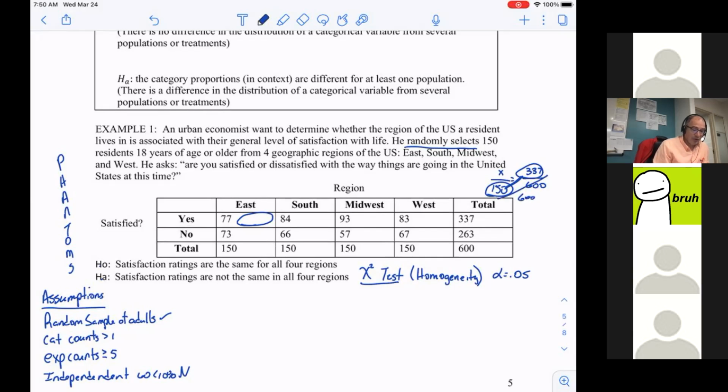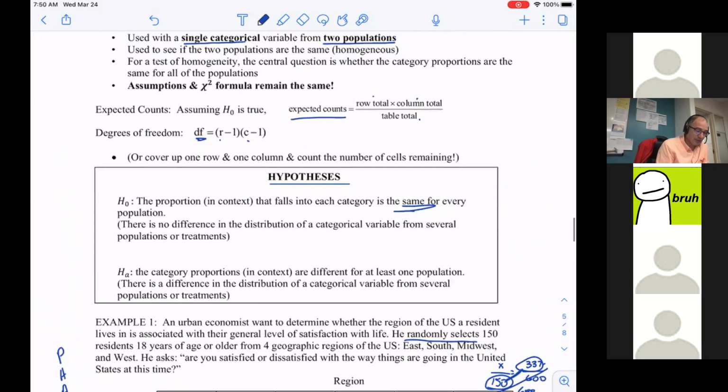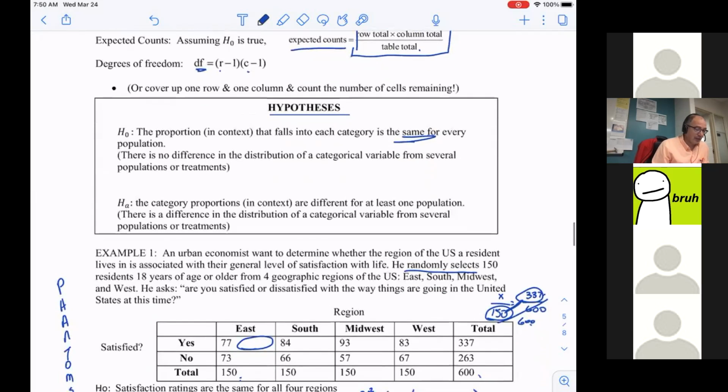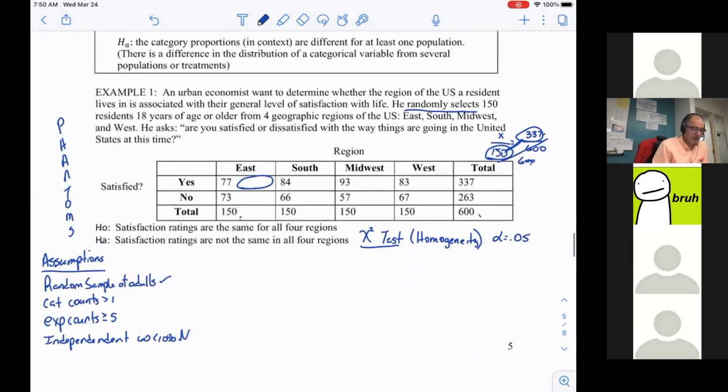Now, 337 is my row total. 150 is my column total. And 600 is my table total. So when I go back to this little formula that we have up here, row total times column total over table total, in reality, you are just cross multiplying. Okay, so that's what it is, because we're expecting that proportion to be the same throughout.